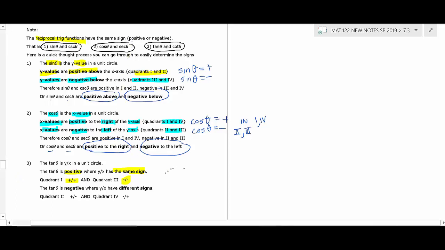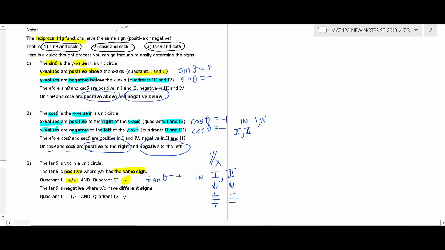So I kind of think of it like that. So you would end up having the tangent of theta is positive in 1 and 3. Why quadrant 1? Because you have a positive over a positive when you're doing y over x. Why quadrant 3? Because you have a negative over a negative, and that gives you a positive number.